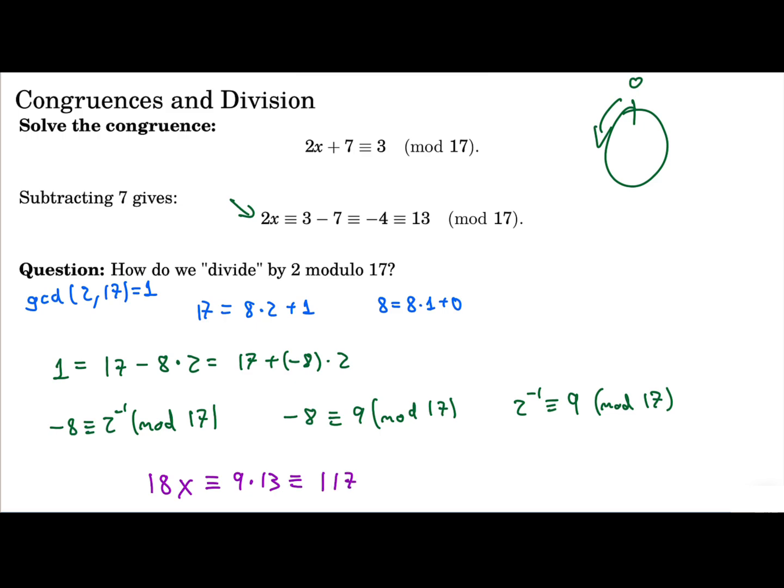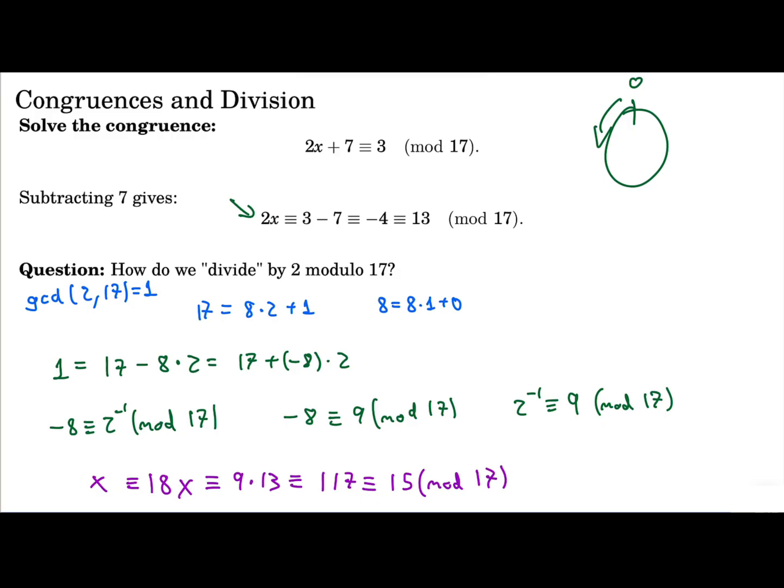If you divide that by 17, this will give you a remainder of 15 mod 17. And of course, 18 is just 1. So this is just x congruent to 15 mod 17.